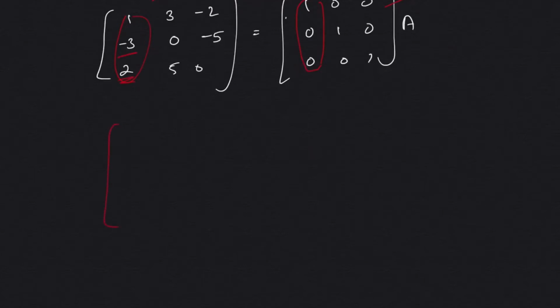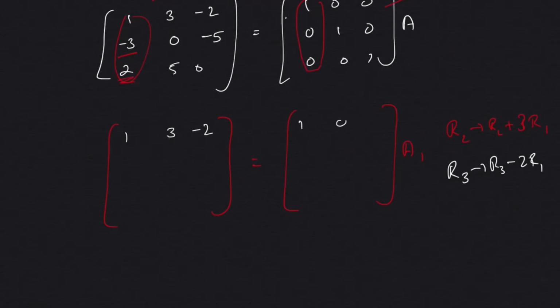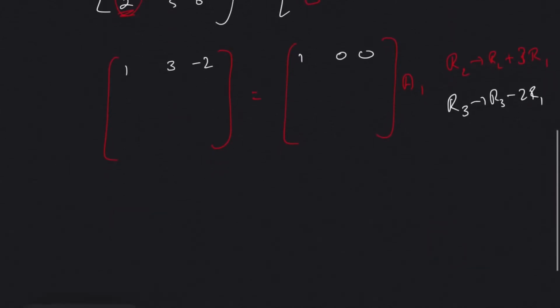So what operation we can apply is, R2, I will apply R2 plus 3 times R1, and R3 I will apply R3 minus 2 times R1. That means R1 I am not going to change. Now I'll do the rough calculations with red pen.